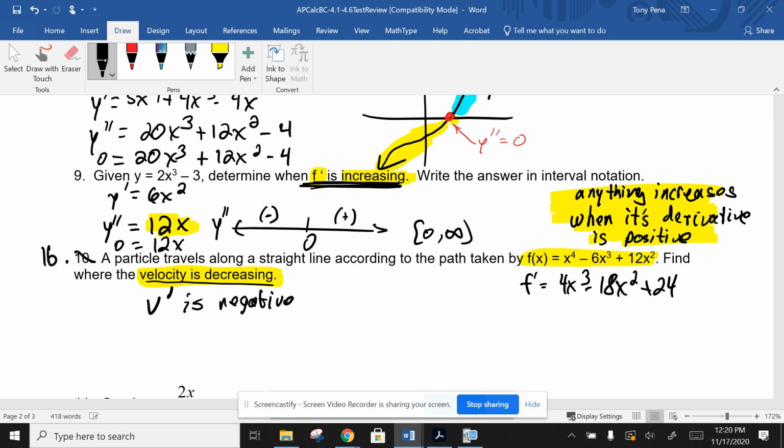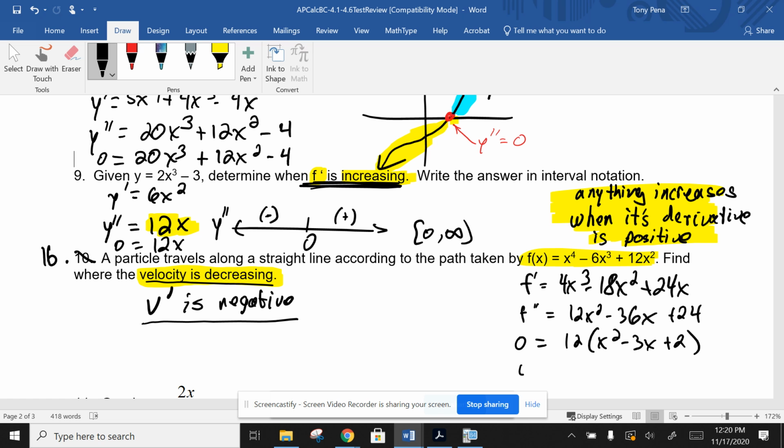Okay, so if I want my velocity to decrease, I would want the velocity's derivative to be negative. Well, the velocity's derivative is actually our second derivative. And this should have been x plus 24. So that's what we're going to use to get our test points.